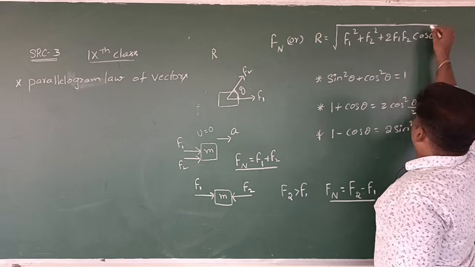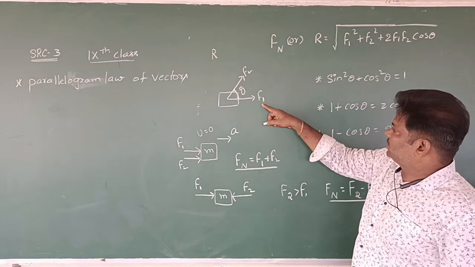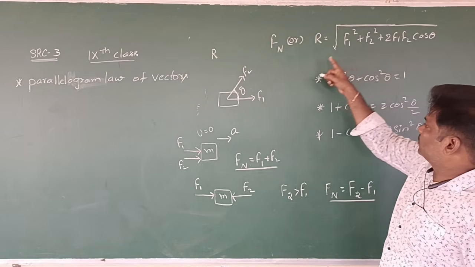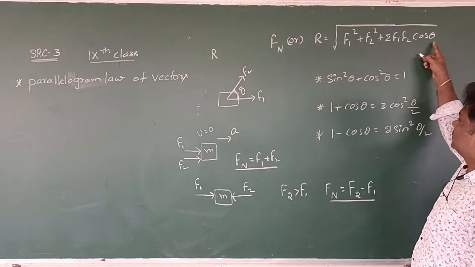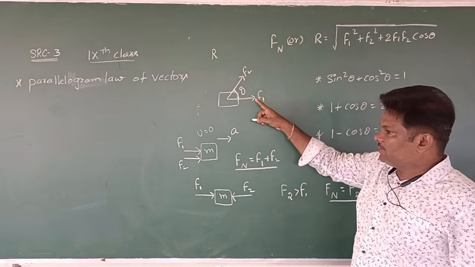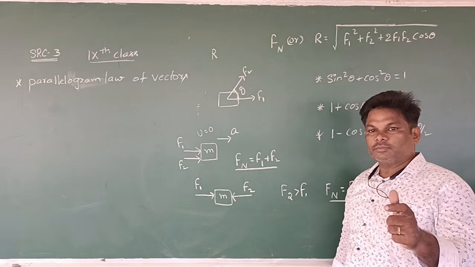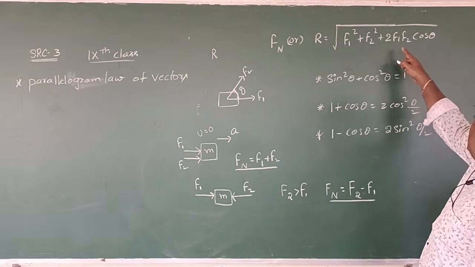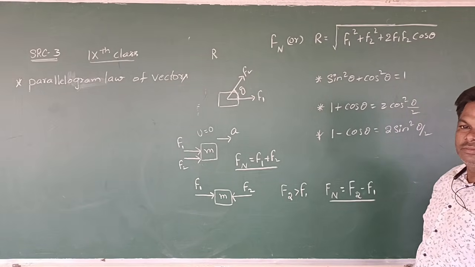Let me explain this one. What is F1? Magnitude of the first force. What is F2? Magnitude of the second force. What is theta? Theta is the angular displacement, or angle, between F1 and F2. And F1 F2 is the product of the given two forces.